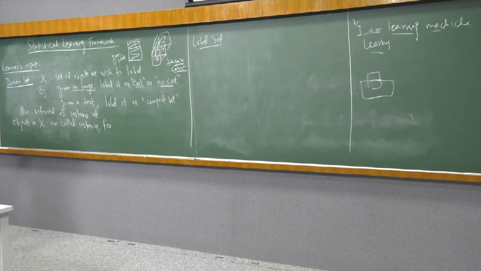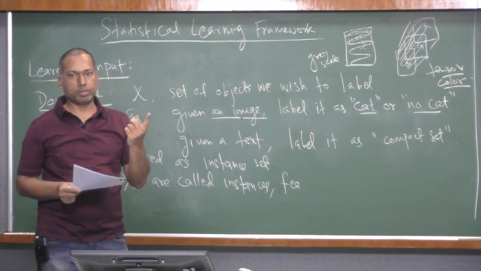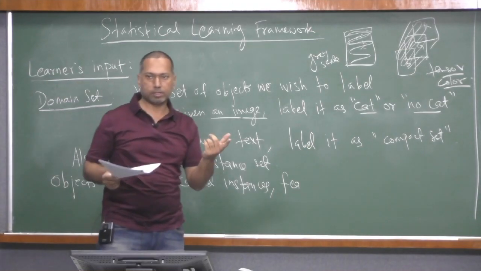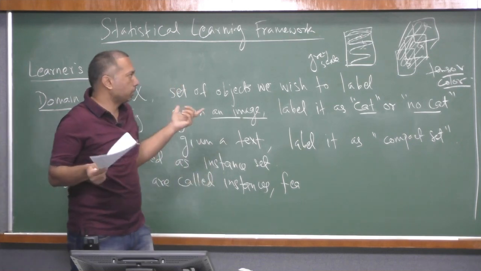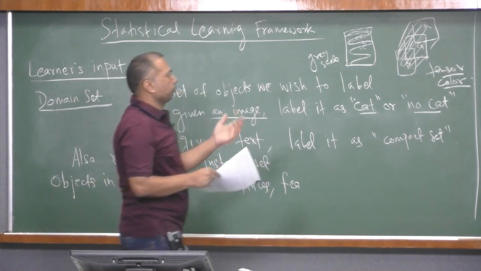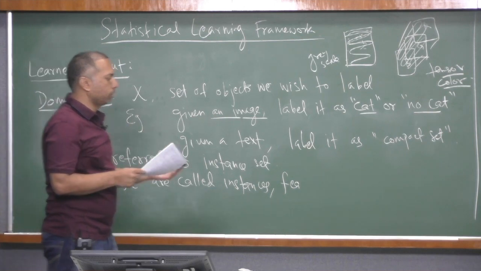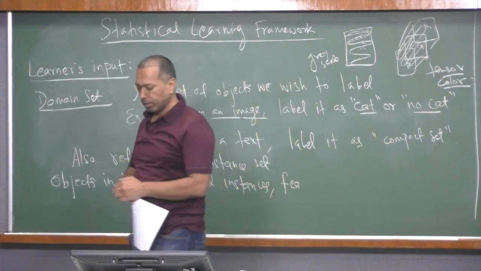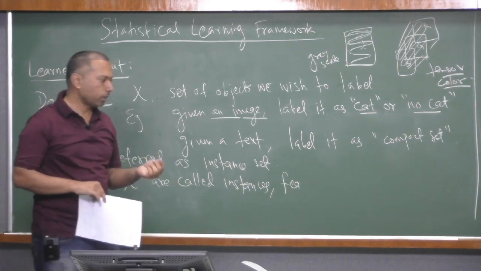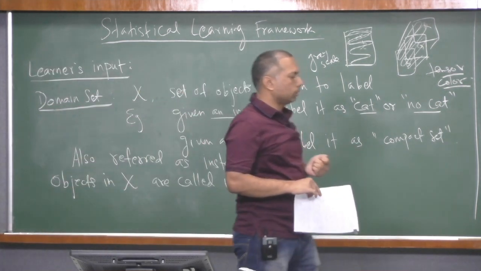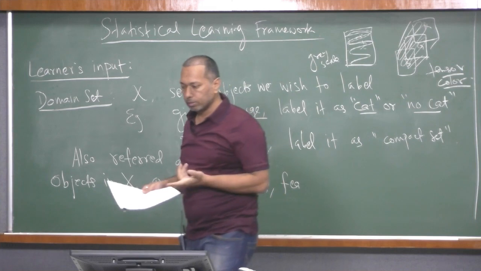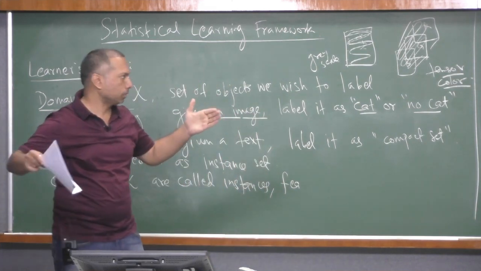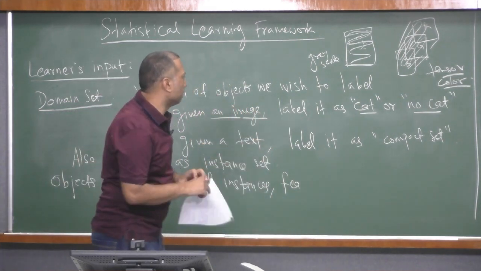If it's a cat, I encode it as 1. If it's not a cat, then I encode it as 0. So it's a binary class problem. But as I said, if I am taking multiple images of, let's say, animals, then it could be cat, it could be dog, it could be some bird. So there can be many classes, right? So then 0 and 1 won't be enough, right?